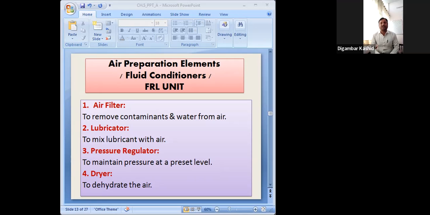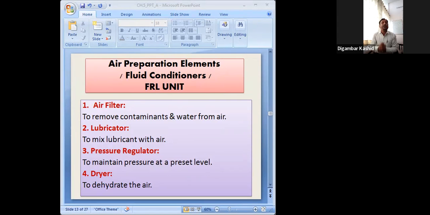Therefore, this air preparation unit, FRL unit, or fluid conditioner is used to condition the compressed air before it goes into the various pneumatic components. So that is the purpose.